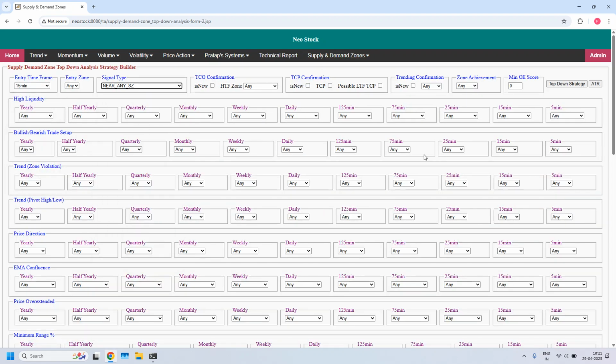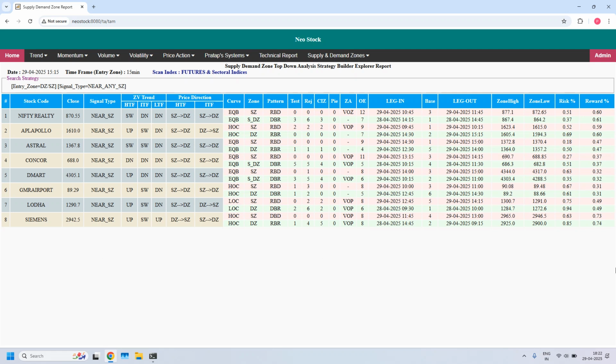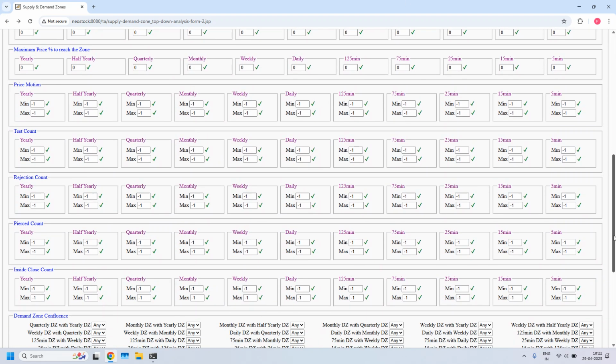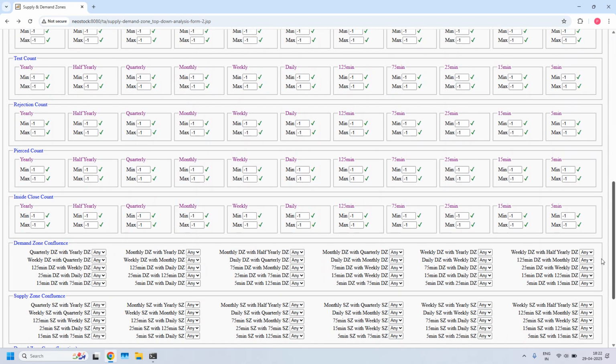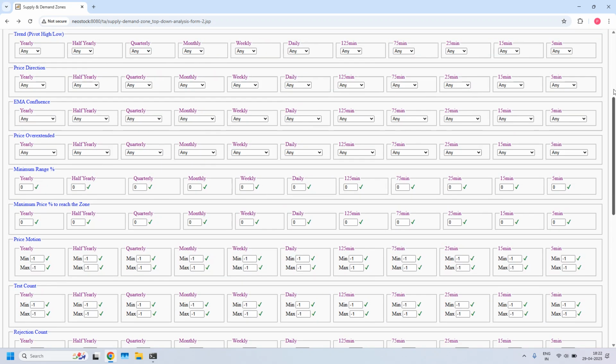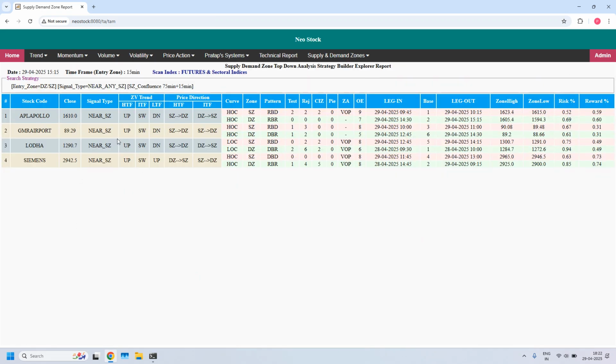Stocks near to the 15 minute supply zone, we got 8 stocks. Let's further filter based on the supply zone confluence. That is 15 minutes and 75 minutes supply zone confluence. I enable the filter. Now we got 4 stocks. These 4 15 minute supply zones overlapped with 75 minutes supply zone.